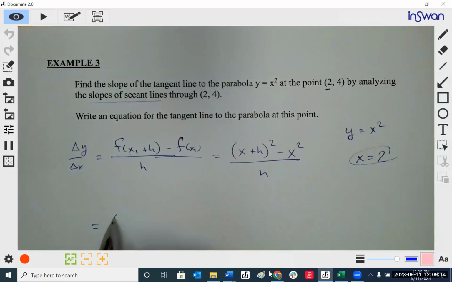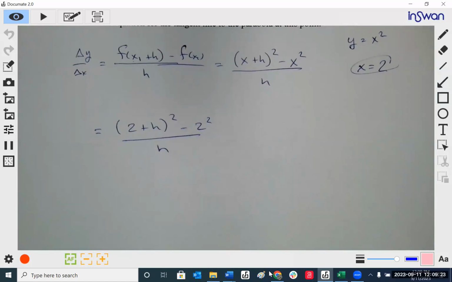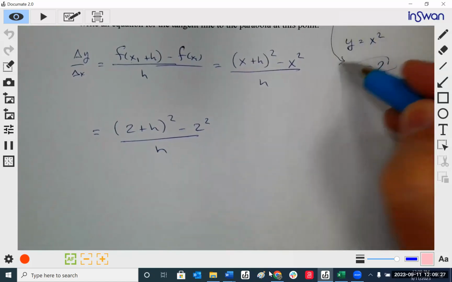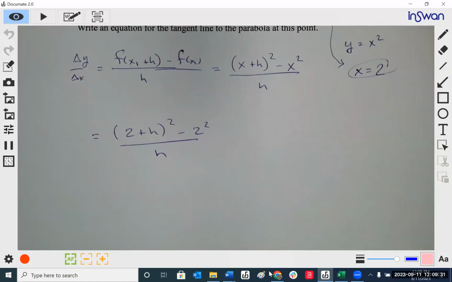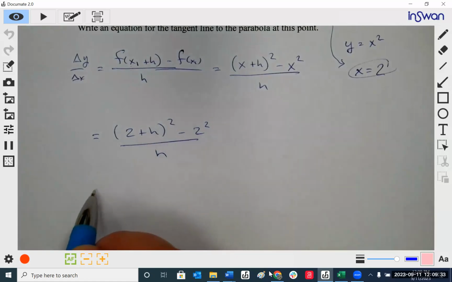So this becomes now (2 plus h) squared minus 2 squared over h, because that's our x value of our point. Again, we have to FOIL this out.